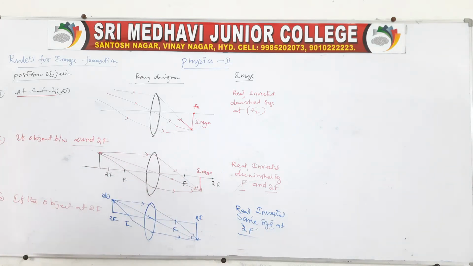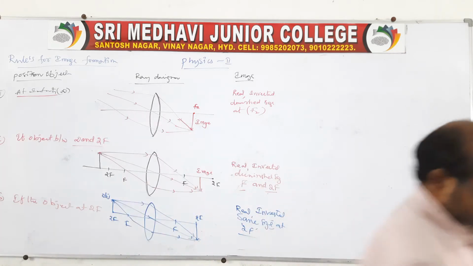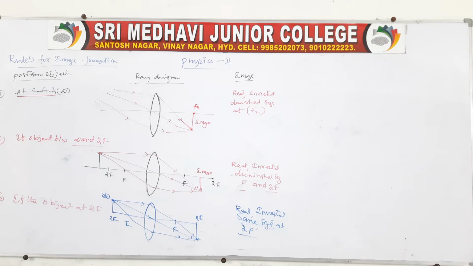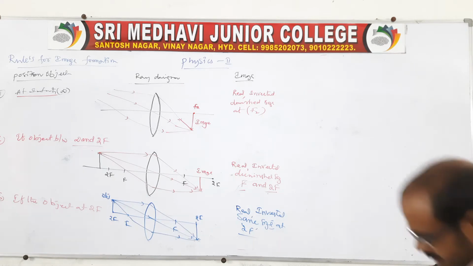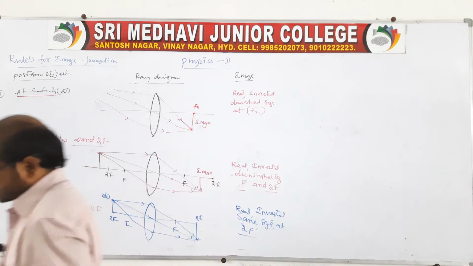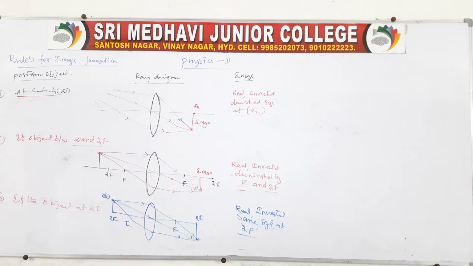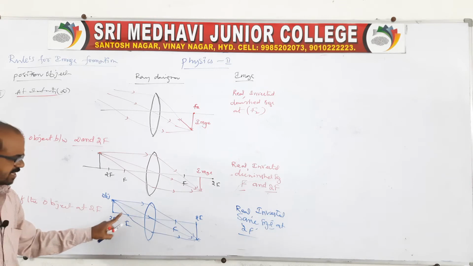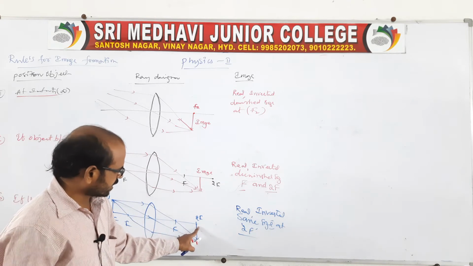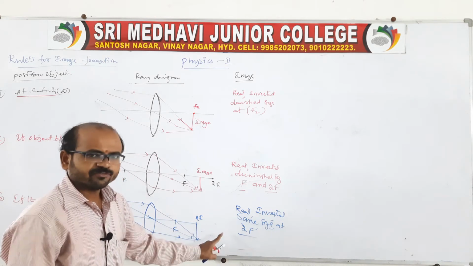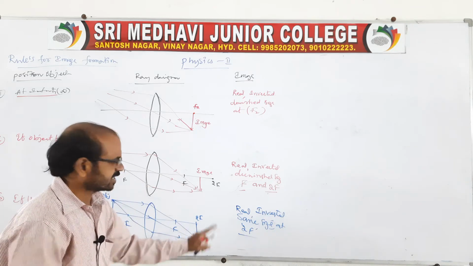This is about three positions, given like this, and you go for the next position. Suppose the object is between 2f and f. If I go further, between 2f and f, then the image will move from 2f and form between 2f and infinite.